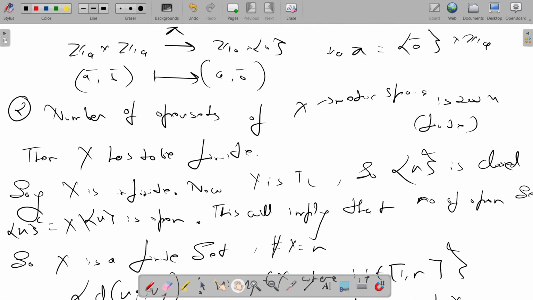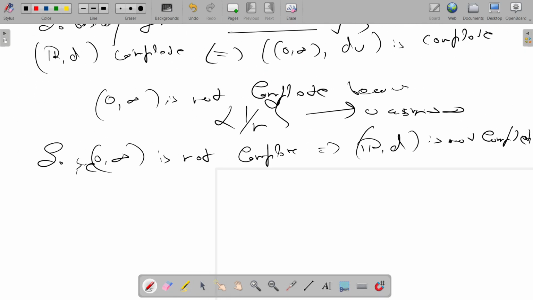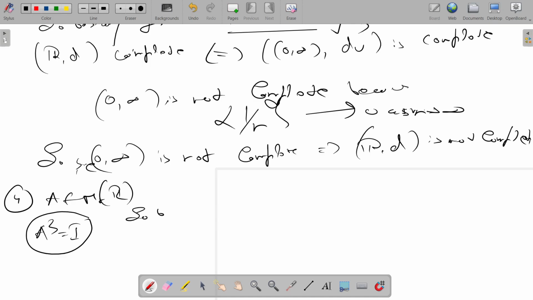This is question number 4. A belongs to M_n(R), and A cube is identity.